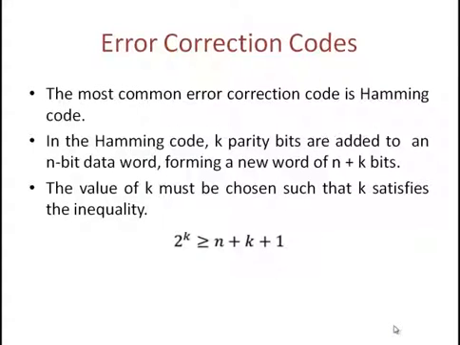The most common error correction code is Hamming code, named after the person who devised this code. In Hamming code, k parity bits are added to n-bit data word, forming a new word of n plus k bits. The number of the parity bits, that is k, must be chosen such that k satisfies this inequality, where n is the number of the bits present in the data word.